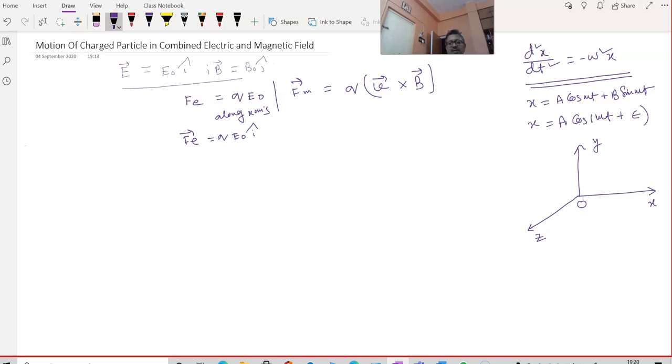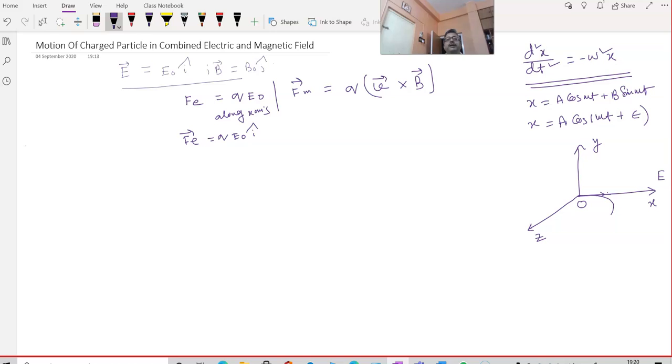But electric field, as it is acting along x-axis, with time, the charged particle will go along x-axis, but as soon as it is in motion, the magnetic field comes into effect. It will try to deviate it, isn't it?